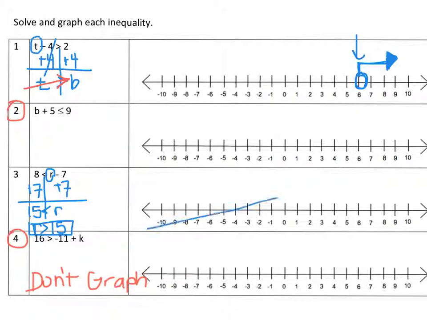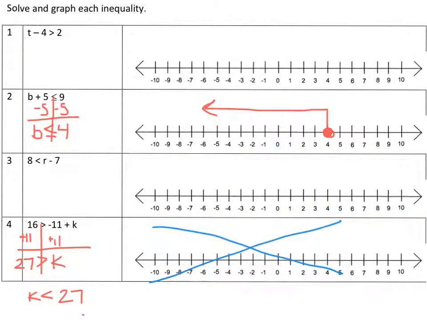We're not actually going to graph number 3 or number 4 because they go off the grid a little bit. So don't worry about that. But if you would pause the video now, do numbers 2 and number 4. Like I said, please don't graph number 4, but do graph number 2. So check your work.